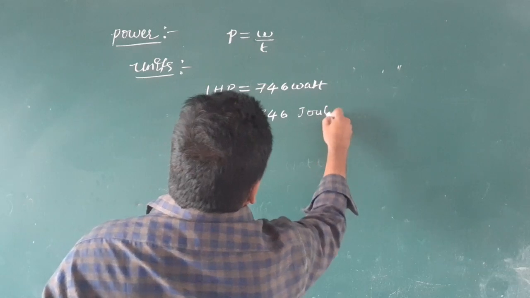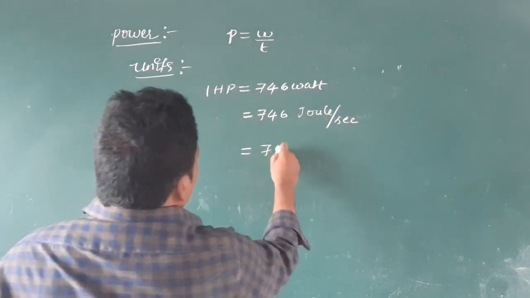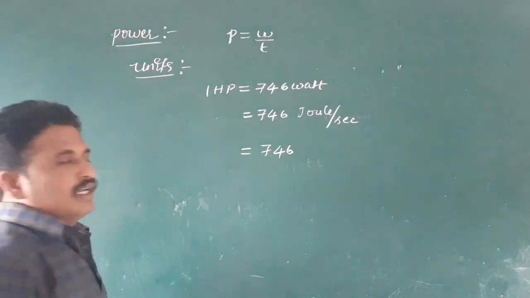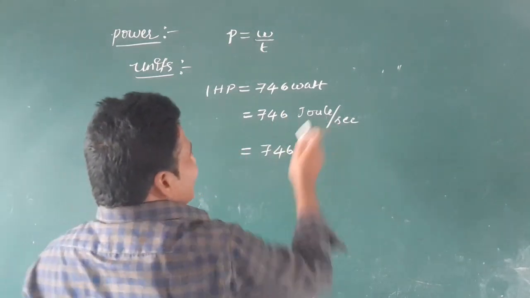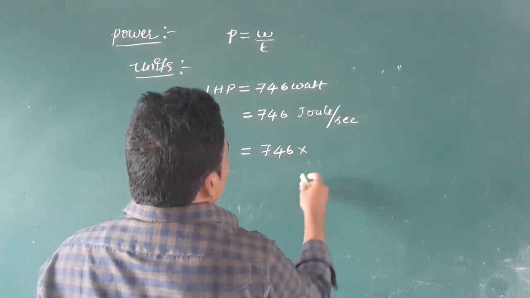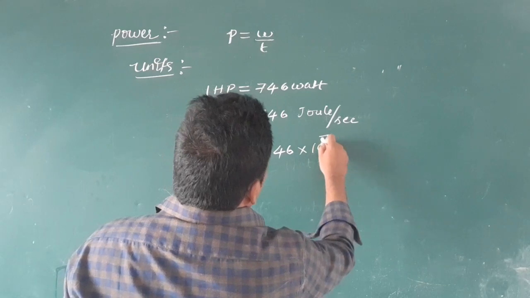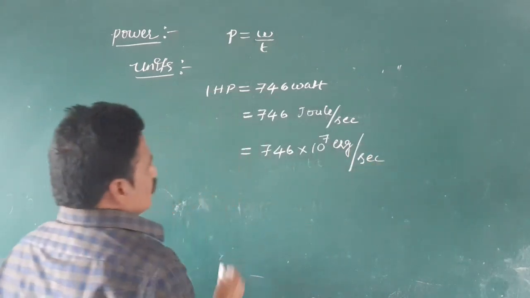We already explained while discussing the concept of work that 1 joule is equal to 10 power 7 erg.